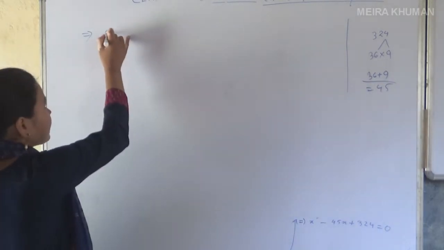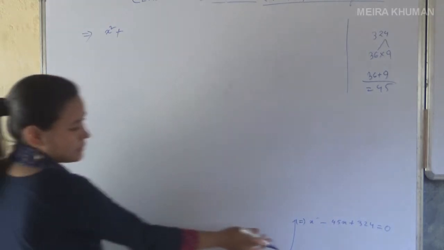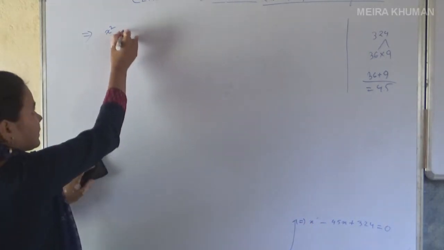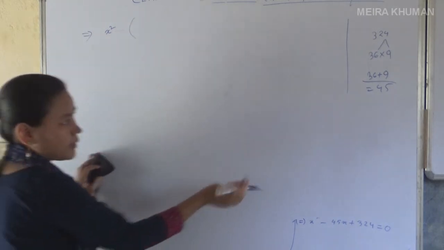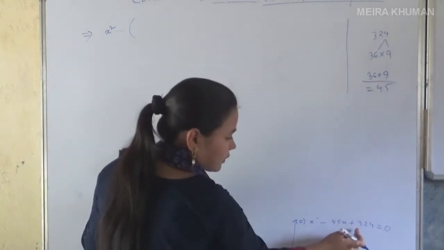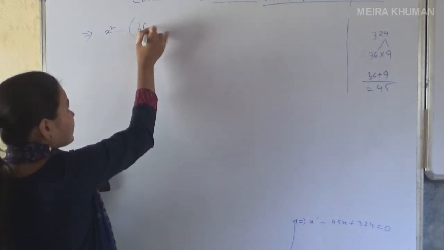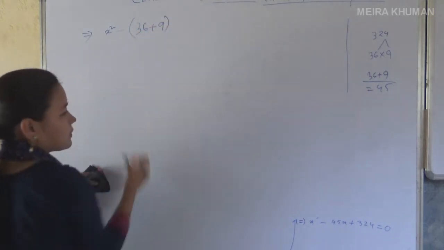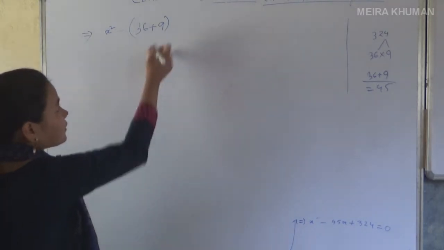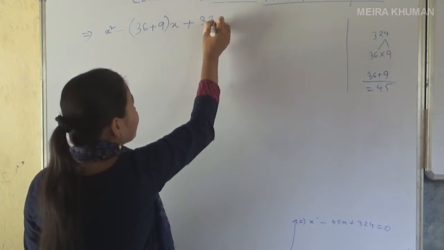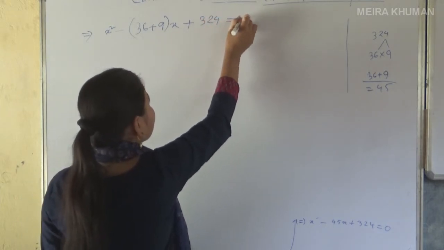Here you write x square, this is your minus sign, just keep minus. Then the factors are 36 plus 9, because here is a plus sign, so you are adding these factors: (36 plus 9) into x, then plus 324 equal to 0.